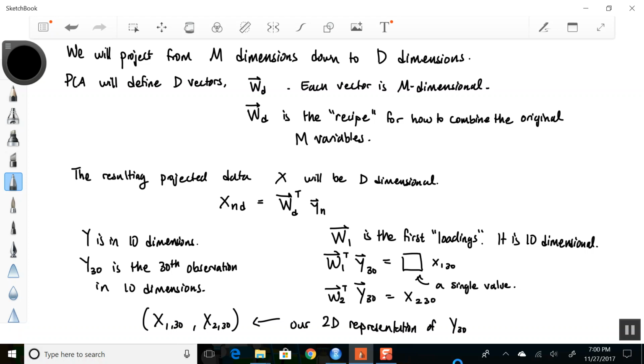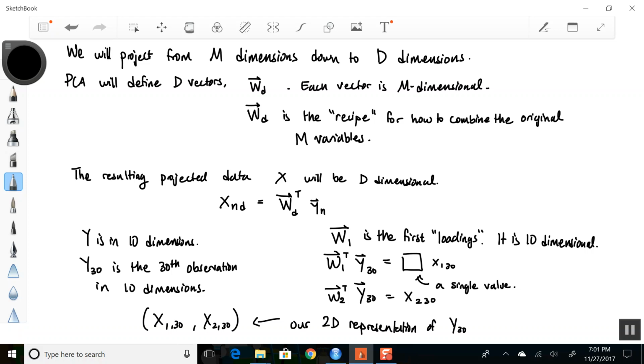So likewise, each data point in y has 10 coordinates. This is our 30th data point in y, with 10 coordinates. After multiplying it by our principal components, each data point is now represented with only 2 coordinates, or however many we have. So this is a case where we're going from 10 dimensions down to 2 dimensions or something like that. All right, is it clear what we're trying to accomplish here?